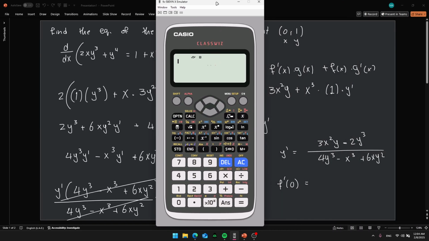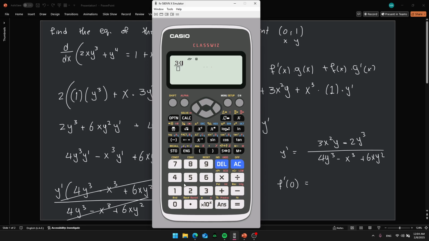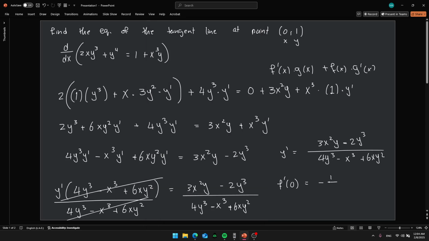So 3 times 0 squared times 1 minus 2 times 1 cubed over 4 times 1 cubed minus 0 cubed plus 6 times 0 times 1 squared. It will give me negative half. So the slope at this point is negative half.